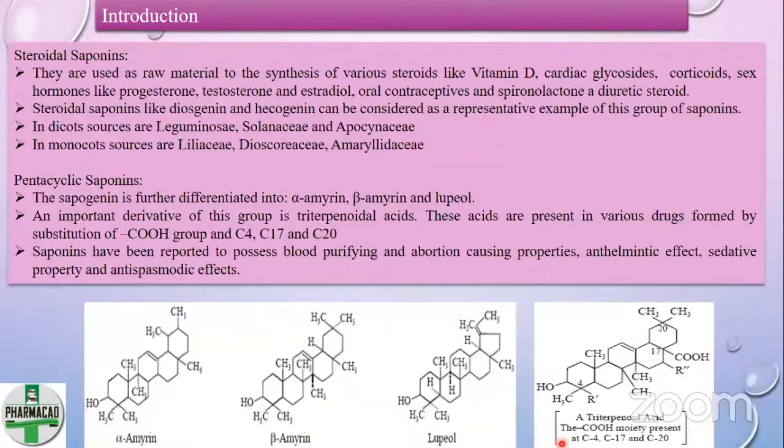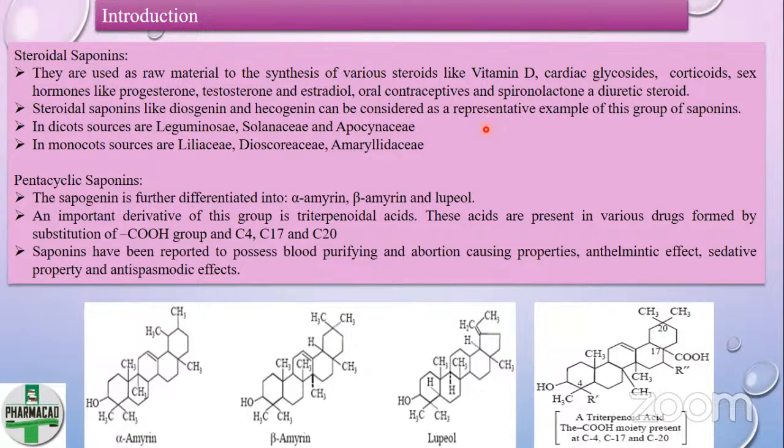Steroidal saponins are used as raw material for the synthesis of various steroids like vitamin D, cardiac glycosides, corticoids, sex hormones like progesterone, testosterone, estradiol, oral contraceptives, and spironolactone, which is a diuretic steroid. Steroidal sapogenins like diosgenin and hecogenin can be considered as representative examples of this group of saponins.